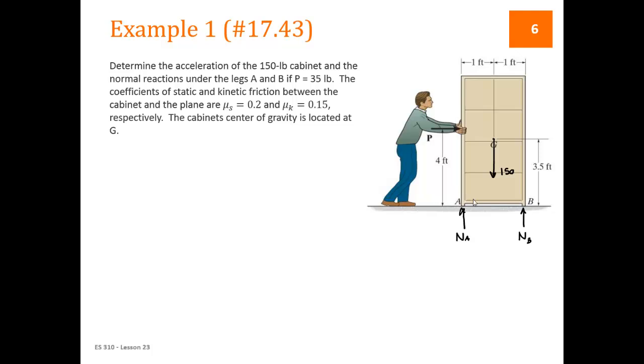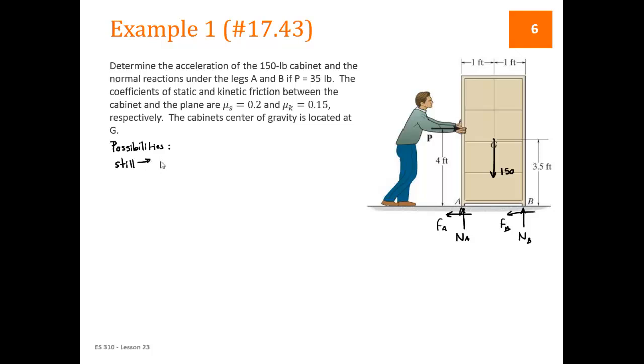So there's friction on the feet, which will be acting in this direction, and we've got FB, FA. So there are three possibilities for the motion here. This is one of these cases where we're going to guess one of them, test the other two, and hope we guess right.